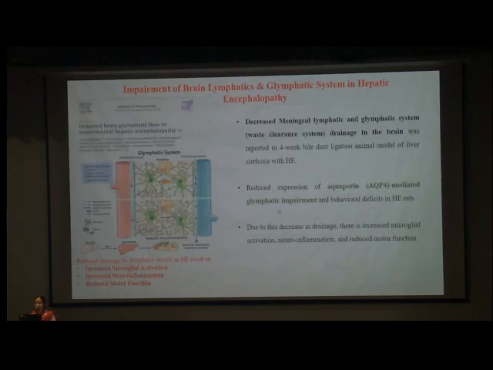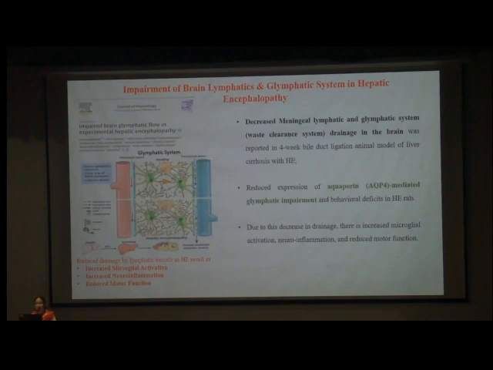Now, coming to brain lymphatics, this was a new system which was identified in the brain. In this study they showed that not only the meningeal lymphatics but also the glymphatics, which are formed by the microglial cells, are all reduced in a model of hepatic encephalopathy, which is a bile duct ligation model.